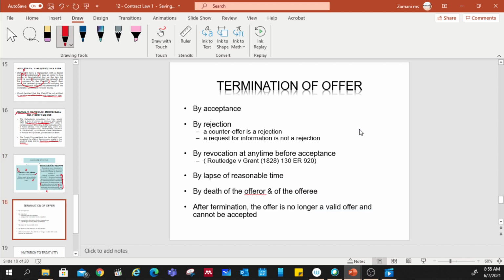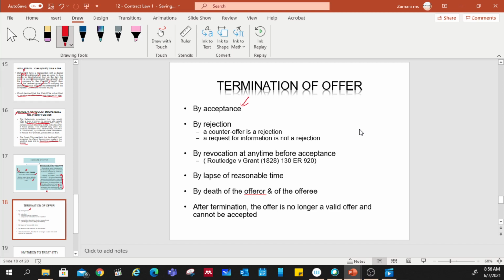Then you can look at the terminations of the offer. Of course, when there is an offer, you can terminate it. How? First, by acceptance. When you accept the offer, the offer is terminated by acceptance, and then you can go for the agreement.